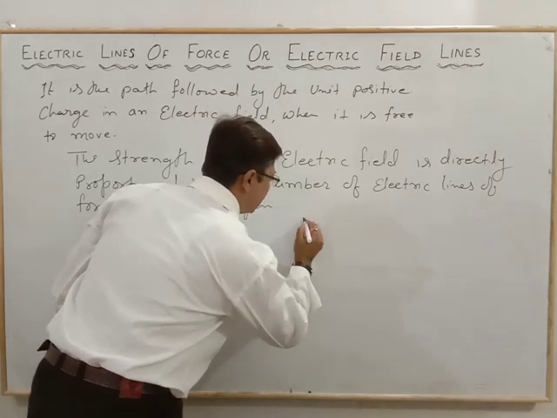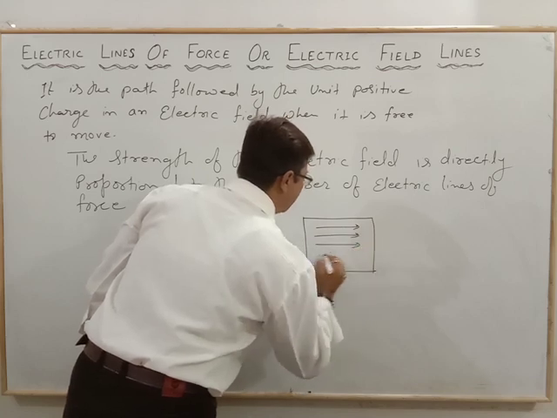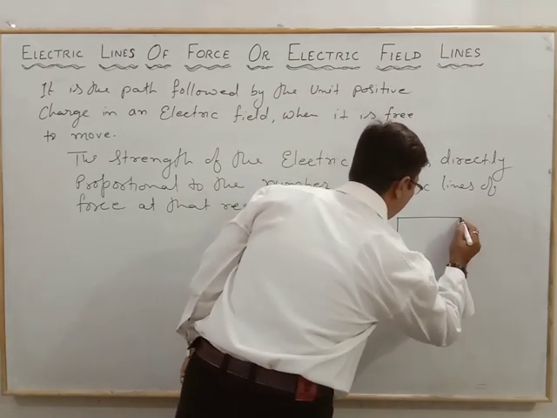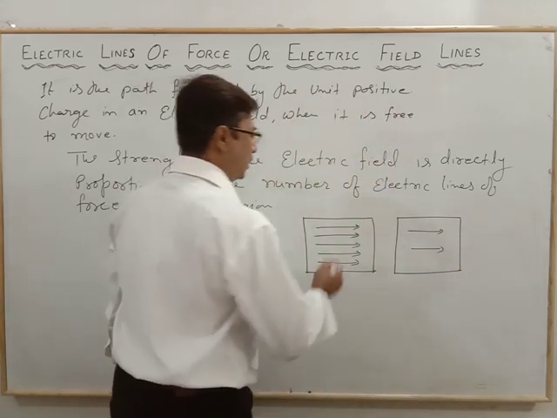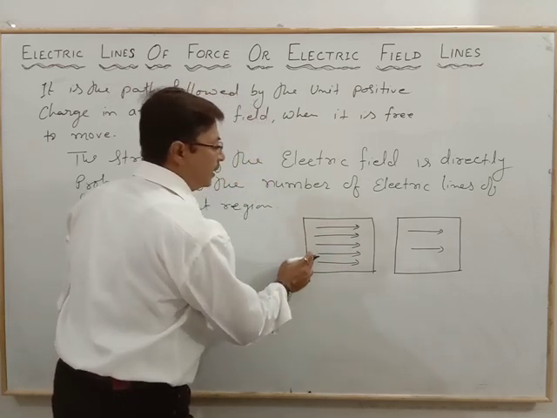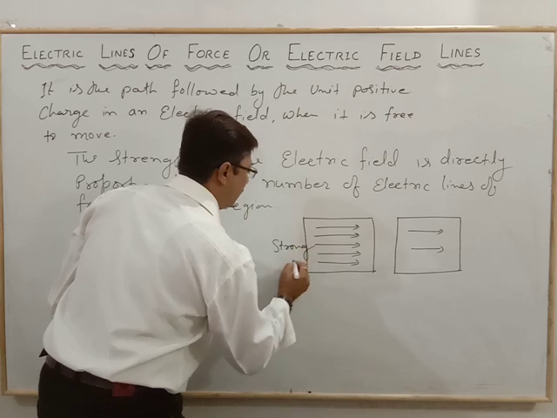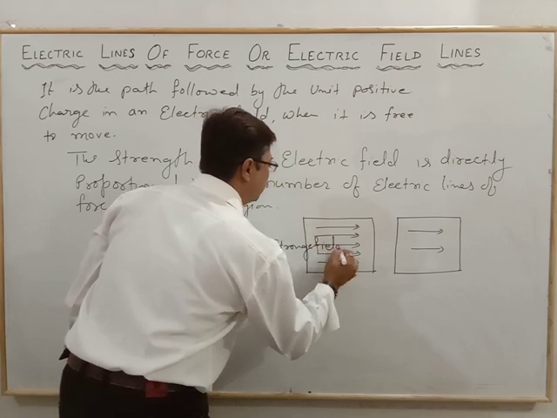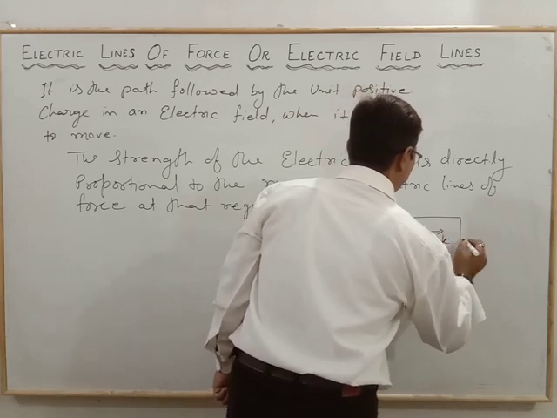If this region has a greater density of electric lines, and the same area in a different region has fewer electric lines of force, in that case we will say that this number of electric lines represents the strong field, and here it is the weak field.